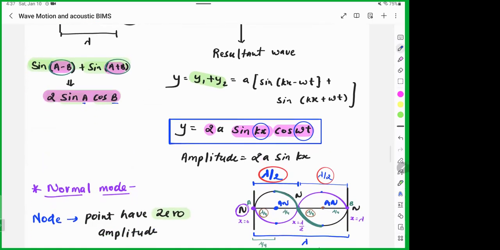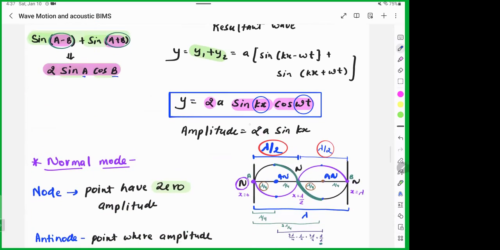So what will be the amplitude in this case? This whole stuff is like amplitude. It's like capital A cos omega t. That's how you write angle, right? Cos theta. But this A is equal to this 2A sine kx.